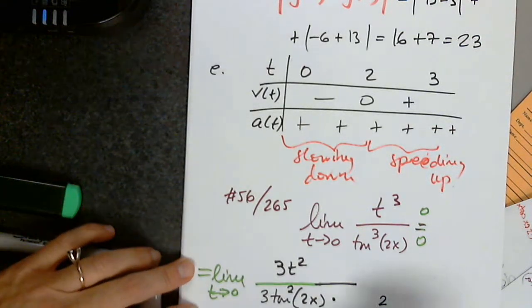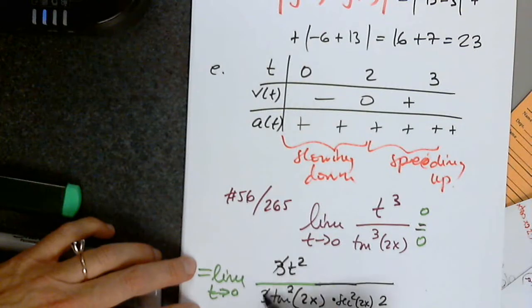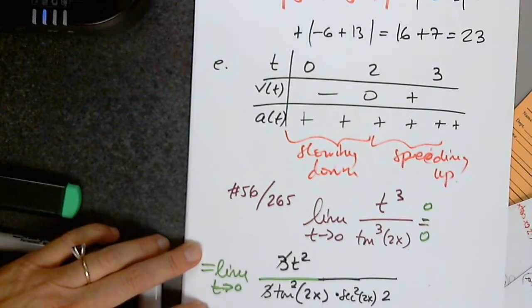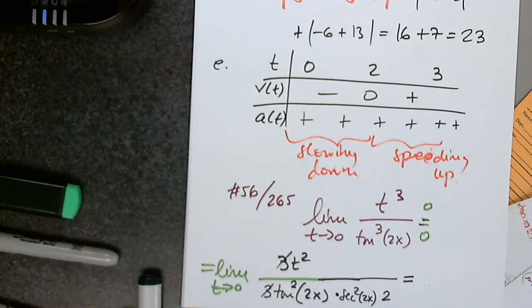Secant squared of 2x. I'll simplify 3 and 3. Right? So now, yes, I plug in again.